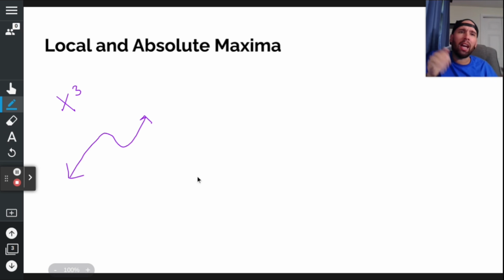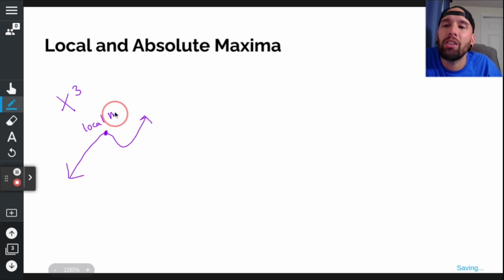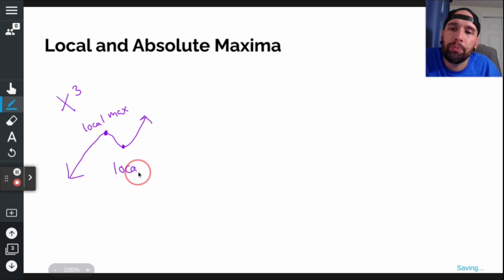But I kind of care where I hit the top of my mountain and the bottom of my valley. What are those? Remember that? The top of a bump is called a local maximum. The bottom of a bump is called a local minimum.